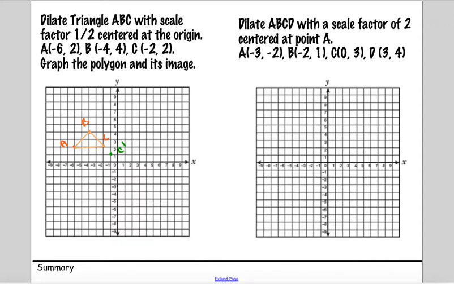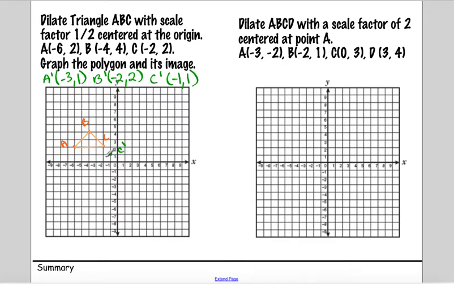Now, with it centered at the origin, what is so great is that it's really just dividing everything by 2. It's half of everything. So if you just take half of your points, you'll be in the right place. Now, if it's not centered at the origin, you cannot do that.